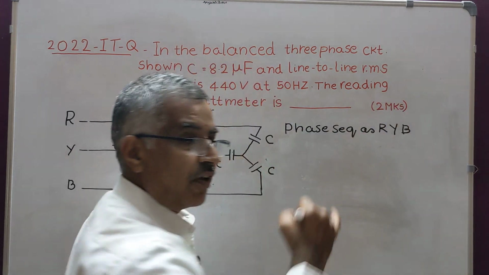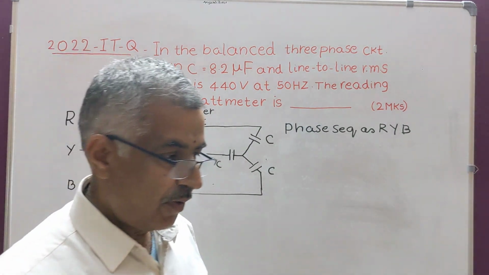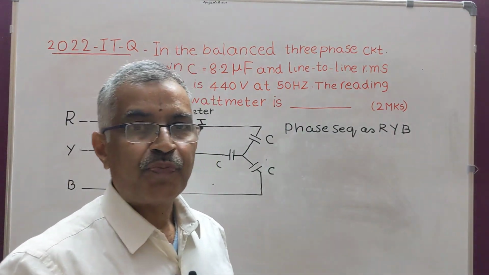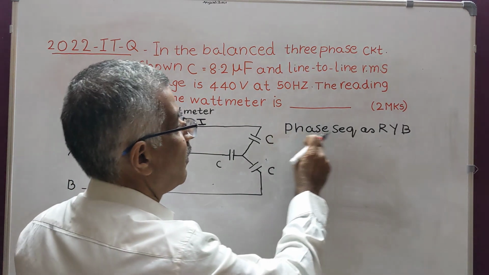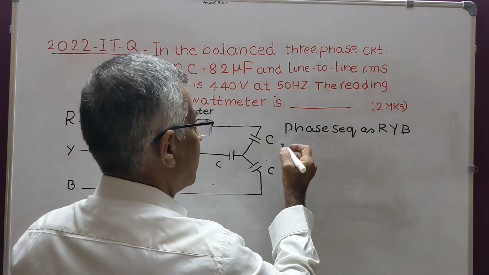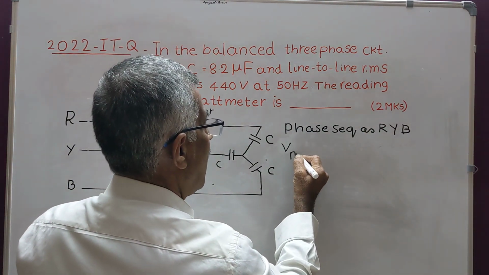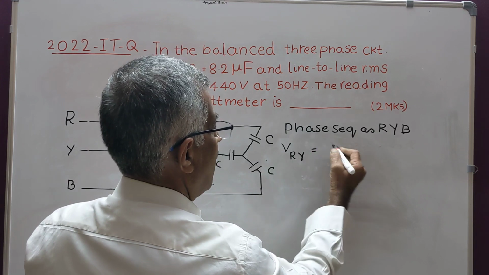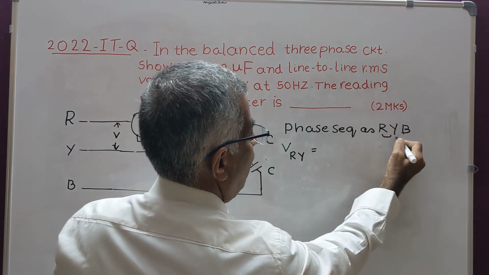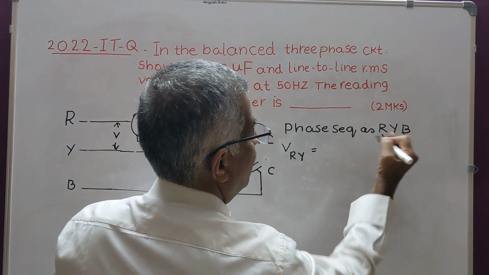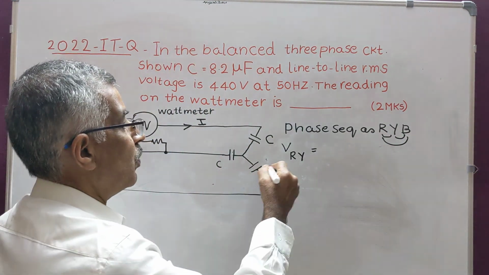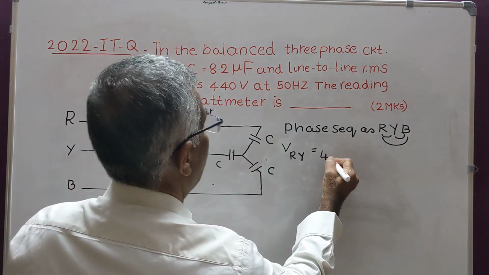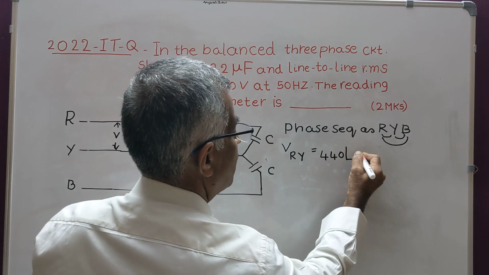You know that sequence means the order in which the phases attain the peak value. Phase sequence is RYB. Therefore, RY, YB, BR. These are three line voltages. VRY is 440 angle 0 volts.